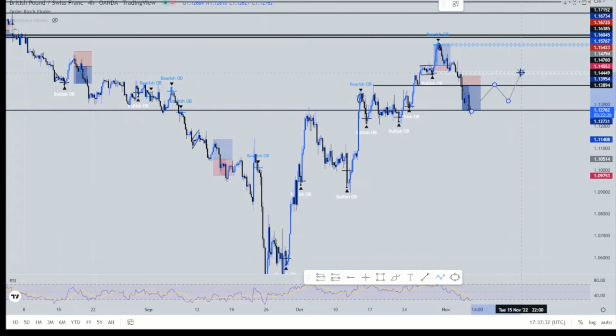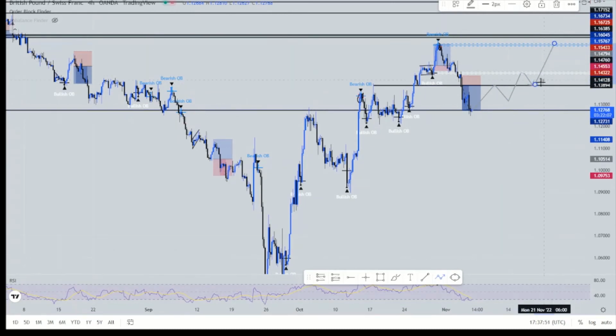When it reaches that bullish order block, I expect it to come and retest that support, and then it buys until here.